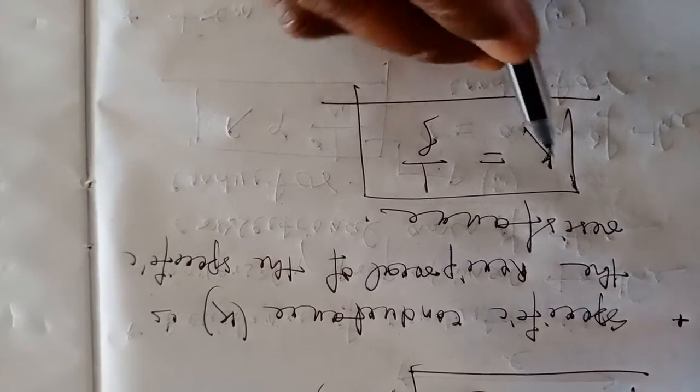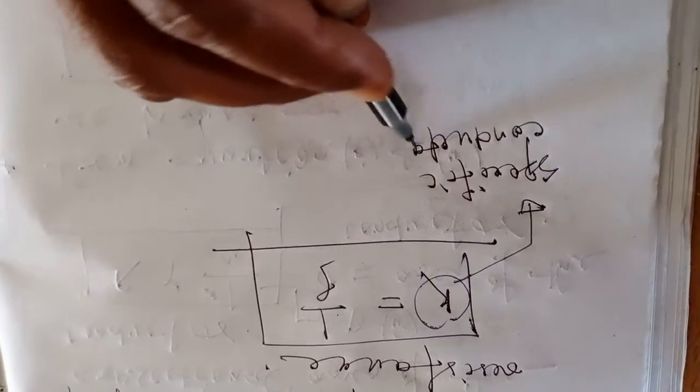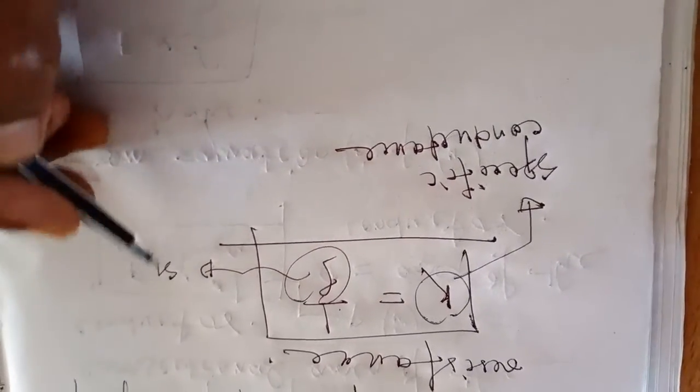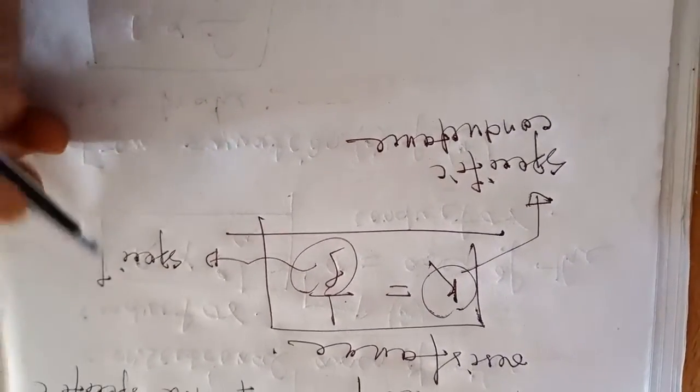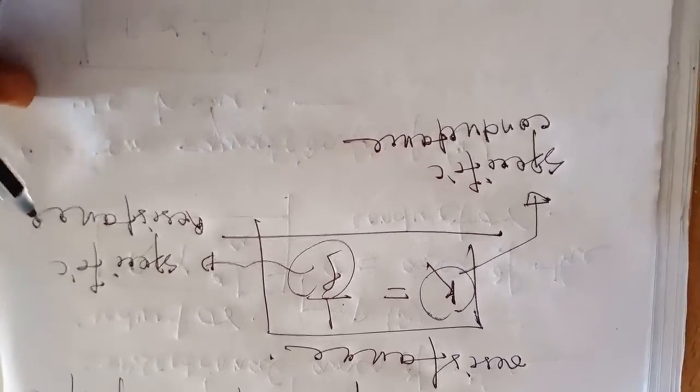Here K is the specific conductance and rho is the specific resistance.